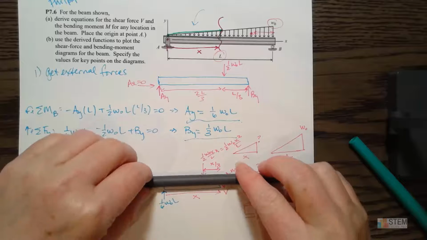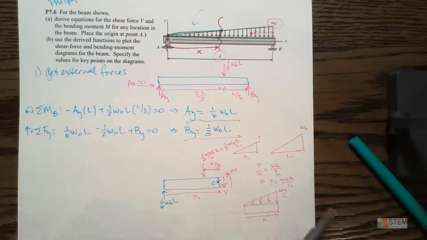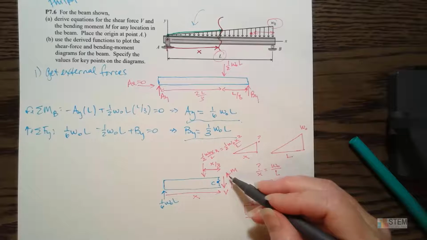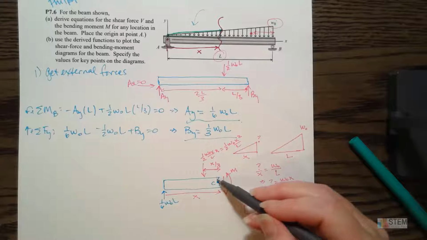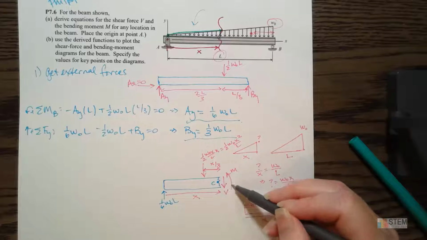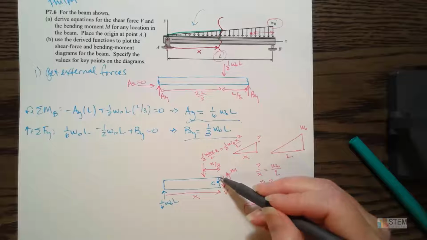So obviously if I've got this section here, if I push down, it's going to rotate clockwise. And then for your moment, you want to draw the moment in the direction that's going to cause compression in the top surface of your beam. So I want the moment to go counterclockwise because that would give us compression up here.